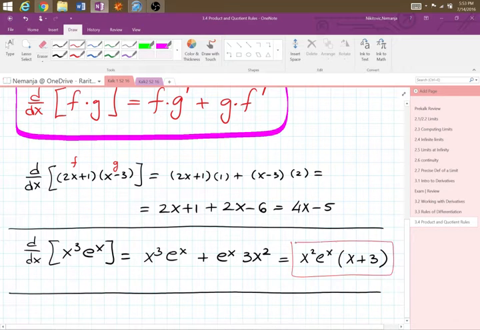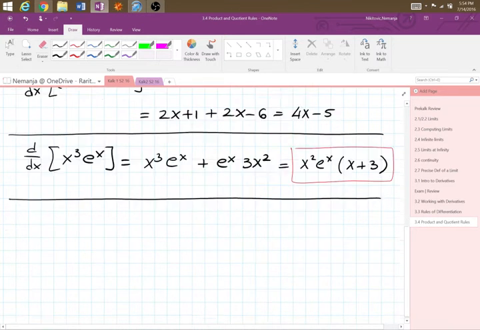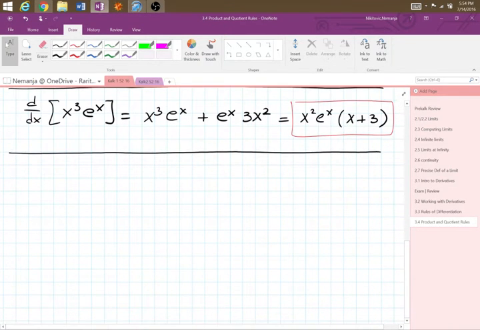So we try to factor every answer and get the simplified form in the factored form. Let's see what else is there.